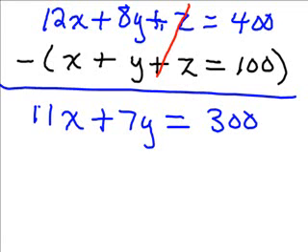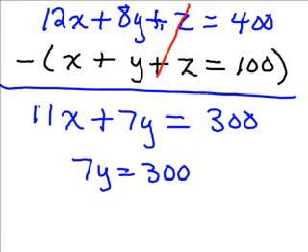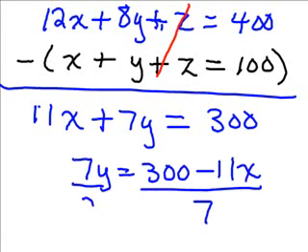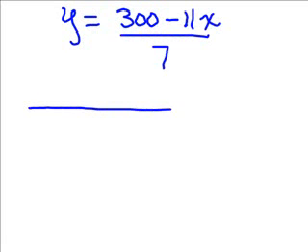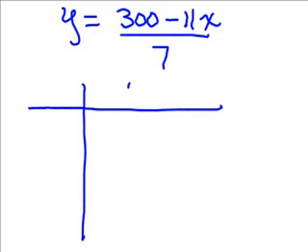I'll subtract 11x from both sides of the equation, and then divide both sides by 7. So I have y equal to 300 minus 11x all over 7. And I'm now ready to begin my feasibility table.